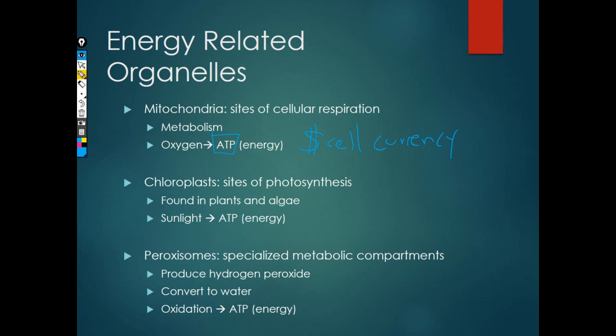Peroxisomes, again, we can break down this word and get a lot out of it. At the end of this, we can see that we're using some sort of enzyme breakdown. The front of this looks familiar though, right? And it sounds exactly like what it is. We're going to use hydrogen peroxide.